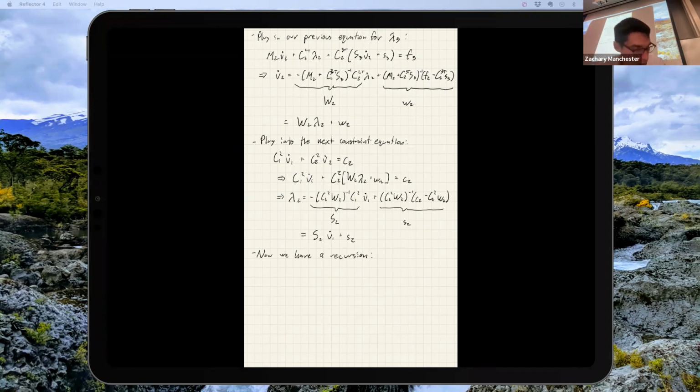So here's the recursion. In general, you get W_K, the big one, equals this stuff.